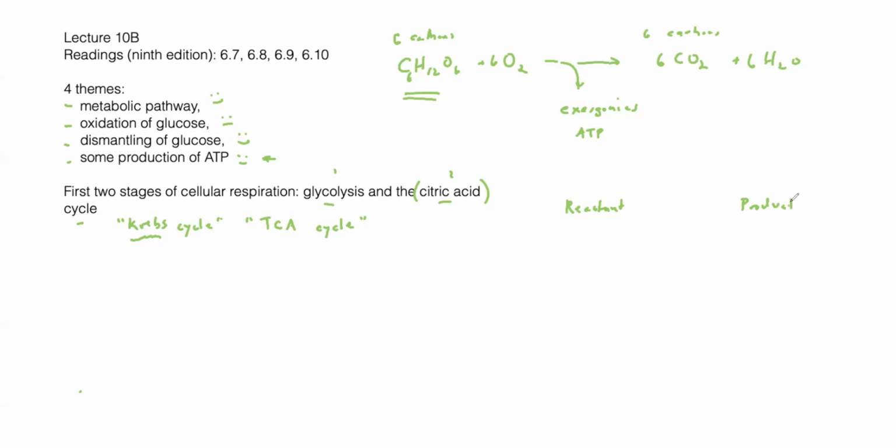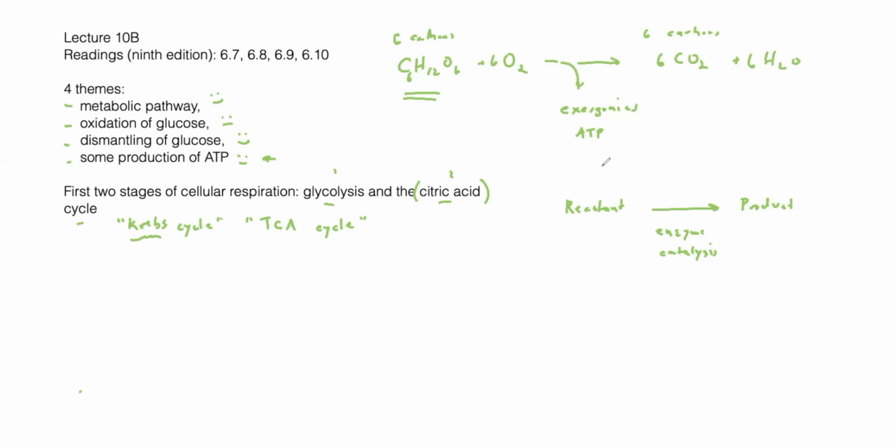I'm just putting reactant and product because sometimes it's only one thing. And then to rearrange the bonds, we have to undergo some type of enzyme catalyzed step. Right? We did that a couple of lectures ago.